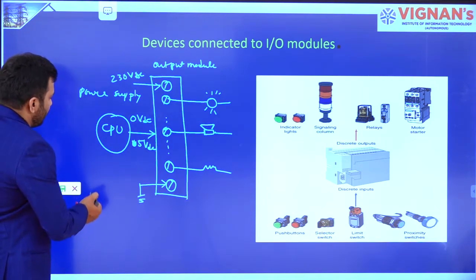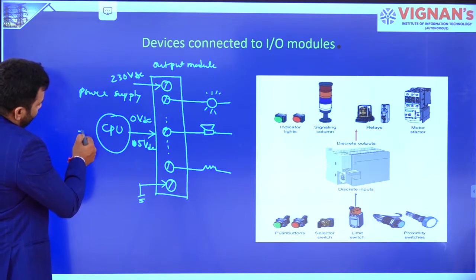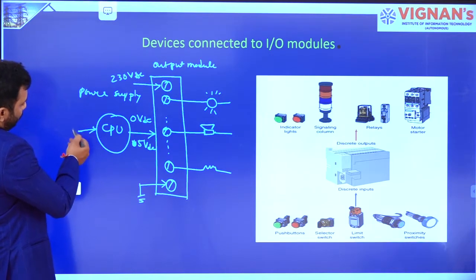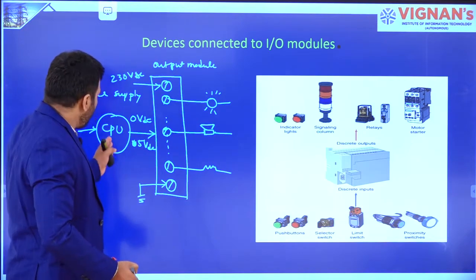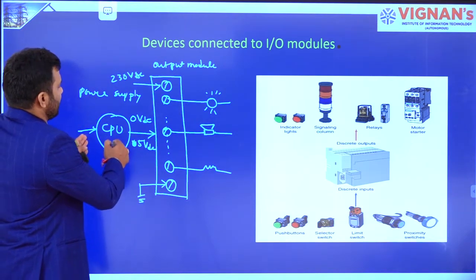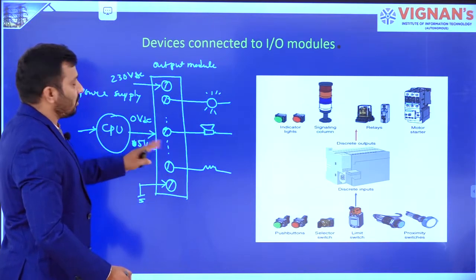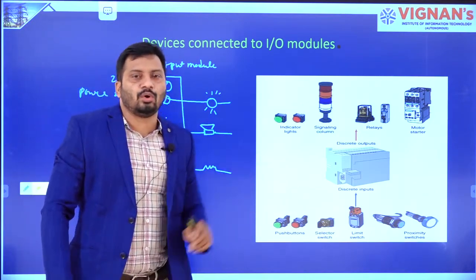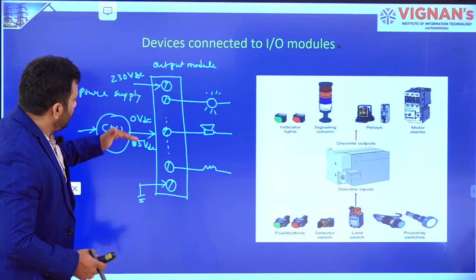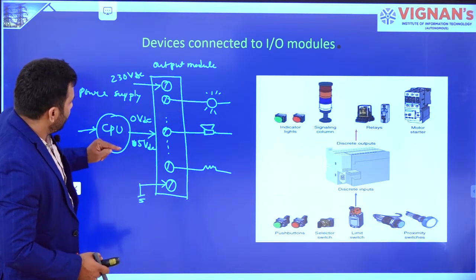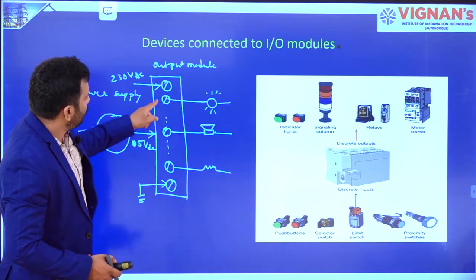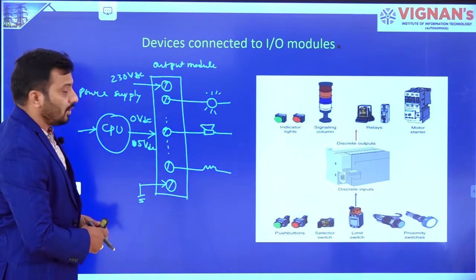Now, the CPU will take input data from the input module. It does some operation inside based on the program you wrote, and then it outputs 0 volts or 5 volts as an input to the output module. For example, if the CPU wants to turn off this particular light, it is going to output 0 volts through terminal 8.